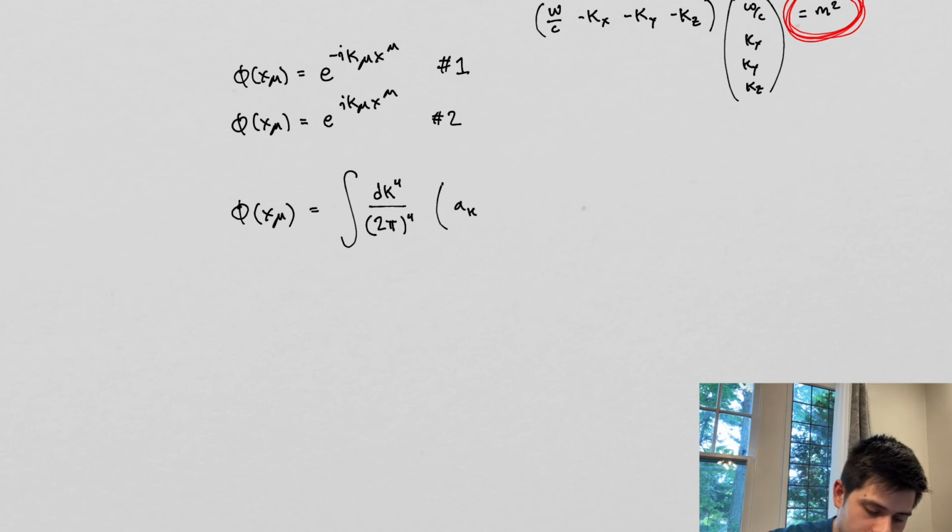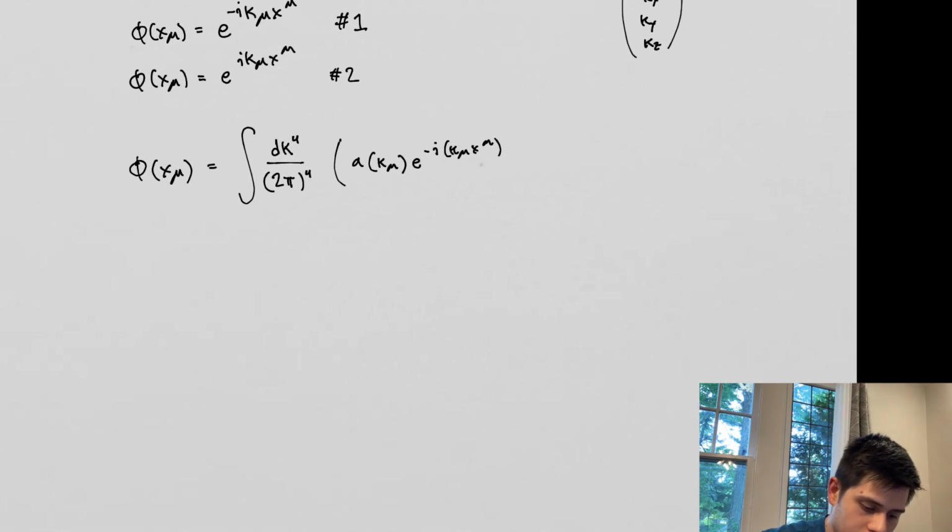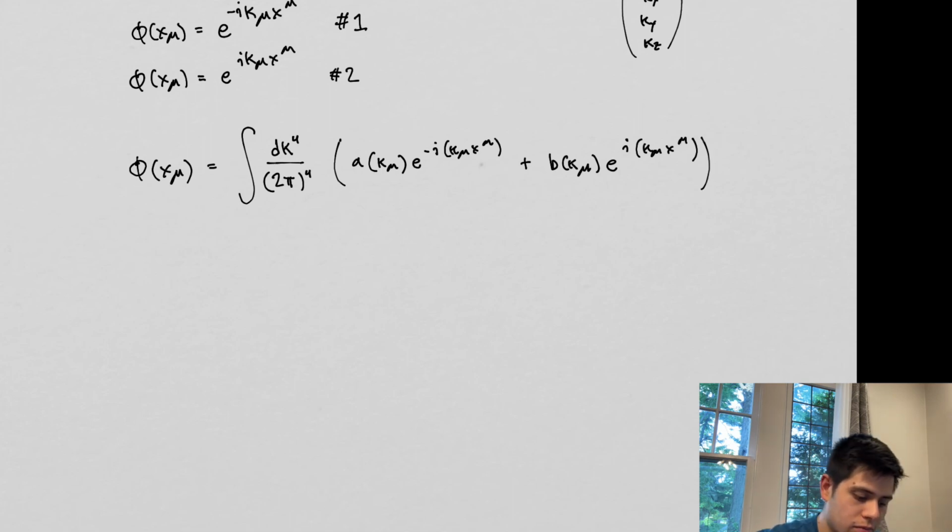Then a of k^μ, e to the minus i k_μ x^μ, plus b of k^μ, e to the i k_μ x^μ. This is our most general form. I'll box this.